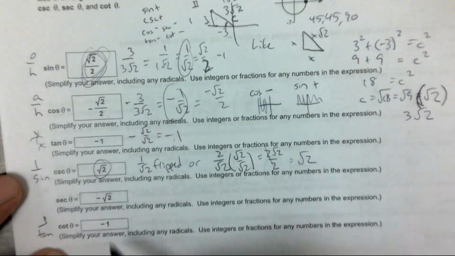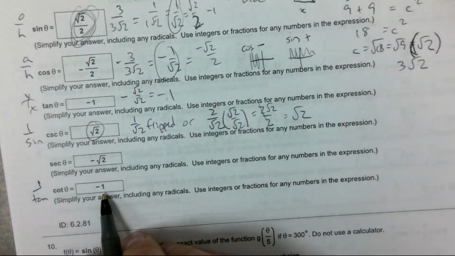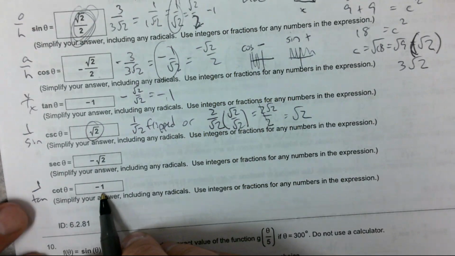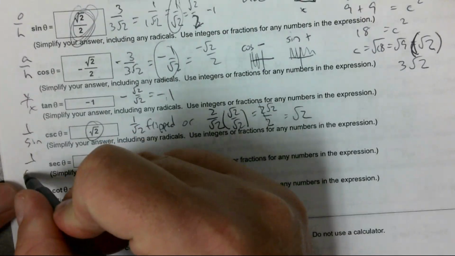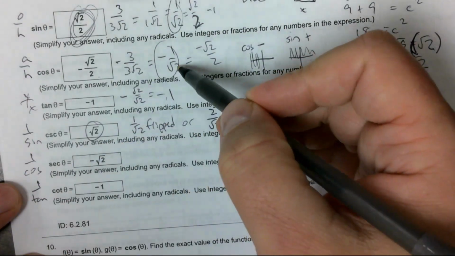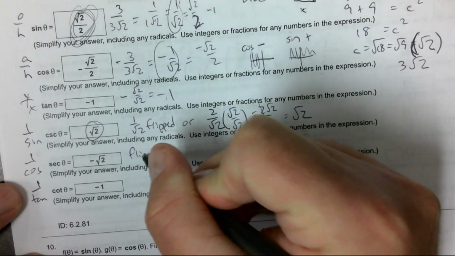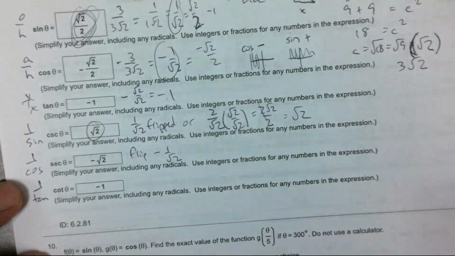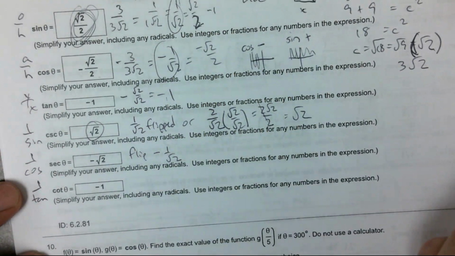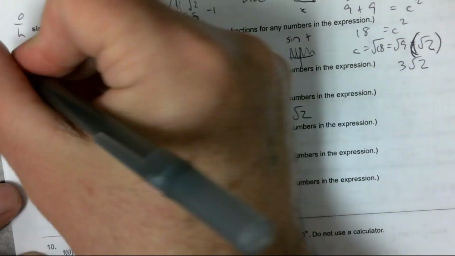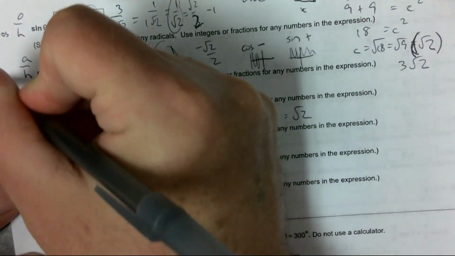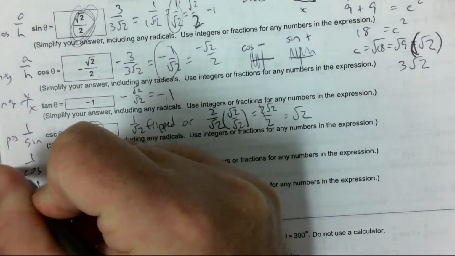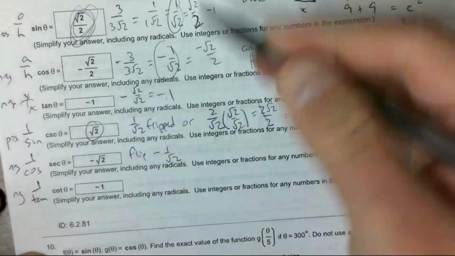Negative 1 also, right there. And then for the secant, that's 1 over cosine. And so flip the negative 1 over square root of 2, just like you flipped that other one, but it's negative. So again, this one was positive, this one was positive, and the others were negative, based on where you were, since we were in quadrant 2.